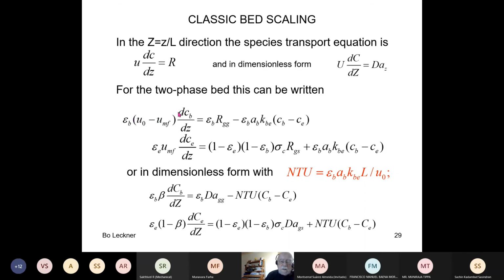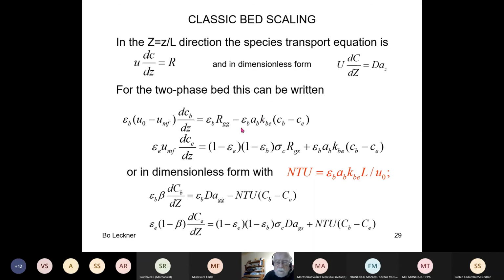And that here is the reduction then of the concentration from the bottom and onwards, because of a reaction that here takes place in the bubble phase, and it is a gas reaction only taking place in the voidage of the bubble phase.